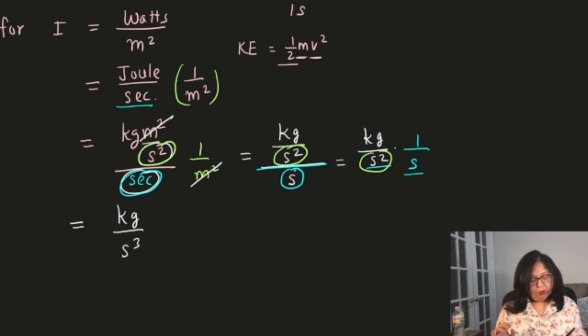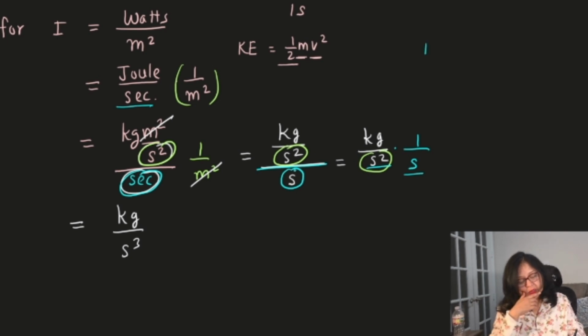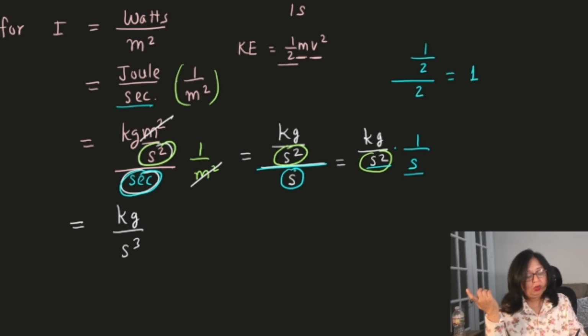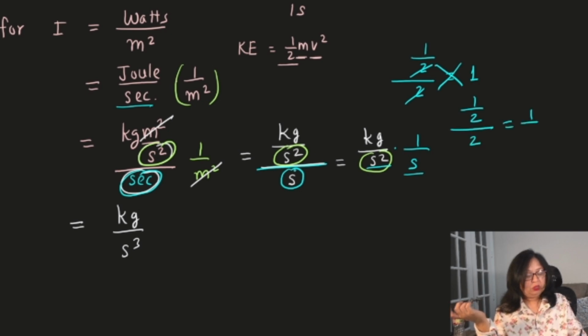So from here, you can very clearly see that second squared times second. Also, you might think that, let's say, if I had 1/2 divided by 2, would you say that this is equal to 1 because these two cancelled out? No, this would be wrong. Why? Because if you take half a pizza and divide it into half again, what do you get? You get 1/4, not 1.